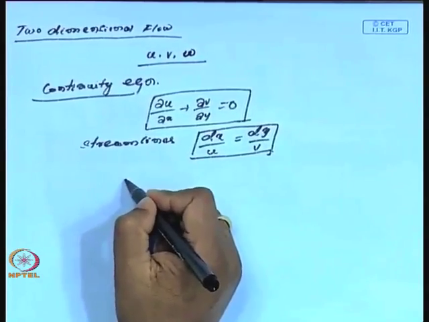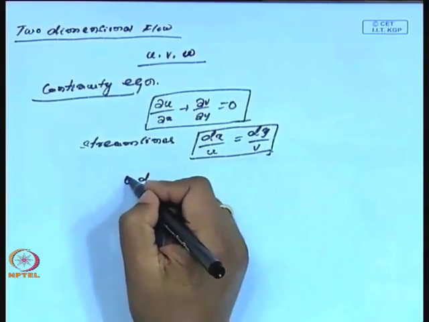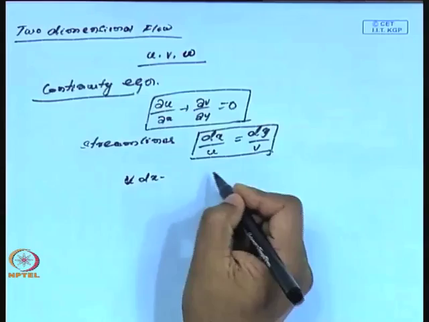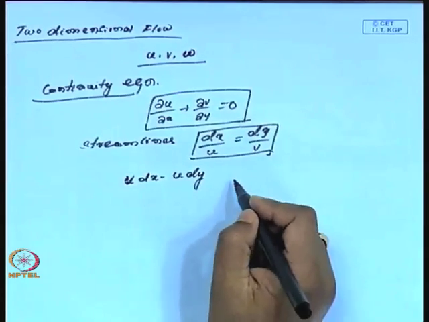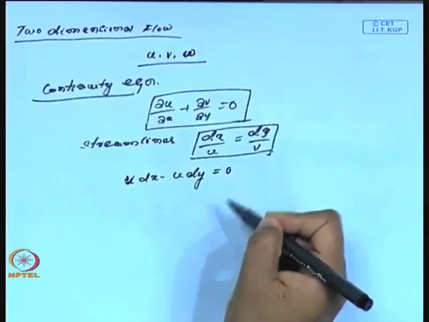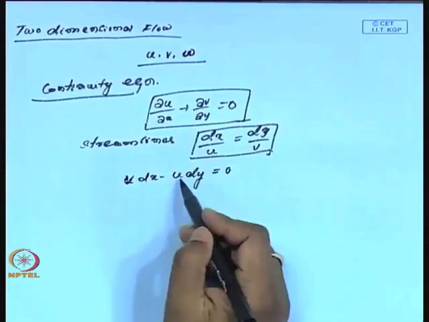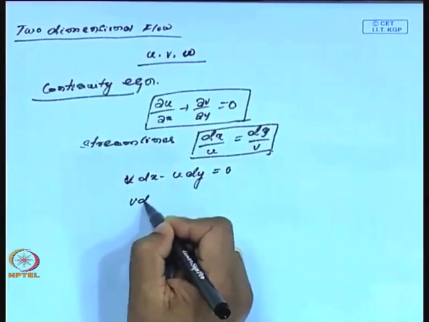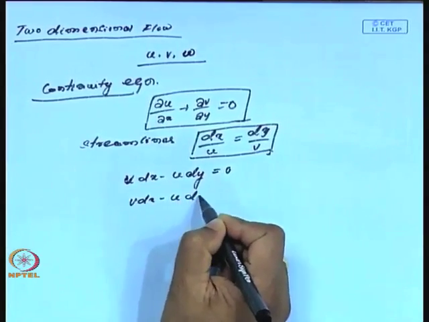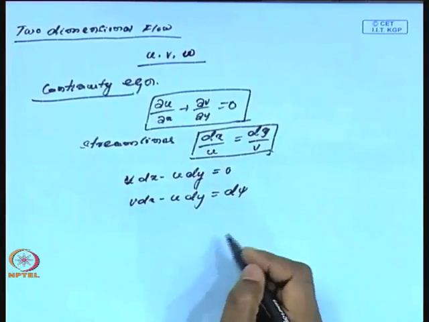Let us consider the differential v dx minus u dy. If we consider this as 0, we get v dx minus u dy equals 0. If v dx minus u dy is an exact differential d psi, then what will happen?